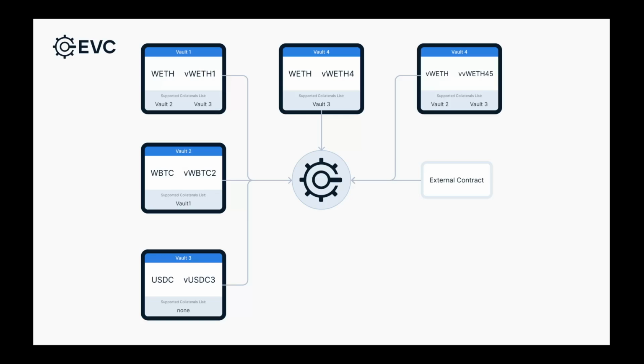We can have isolated vaults that accept collateral that is sitting in another isolated vault or another product that is built on top of the EVC. Or maybe this is a niche use case, but you can be a single lender and you can lend out on your own terms, right? So imagine that you have a bunch of WETH and you just create a vault for yourself.